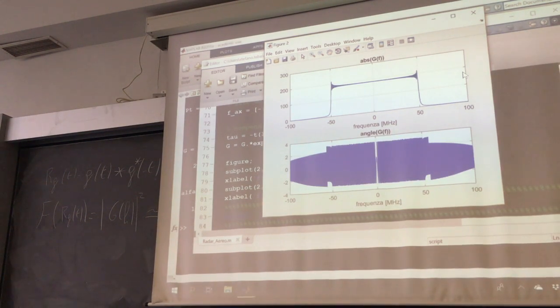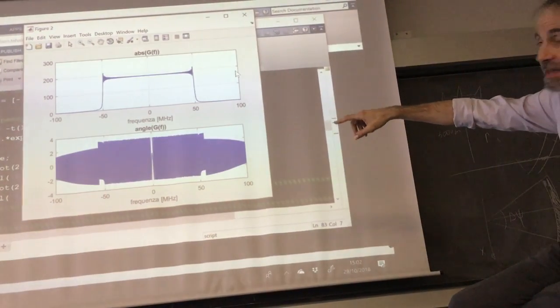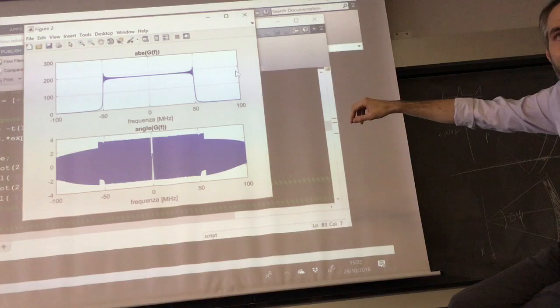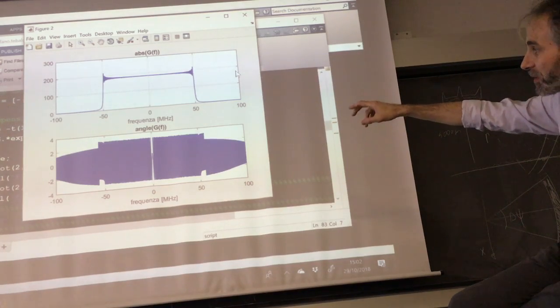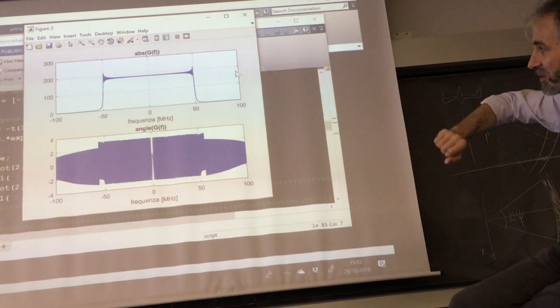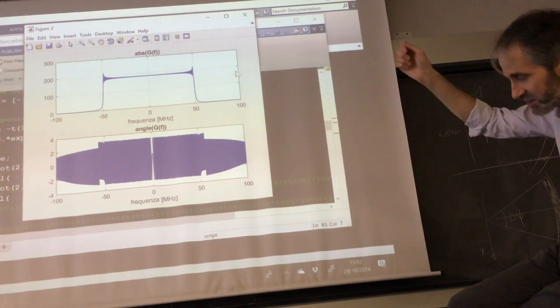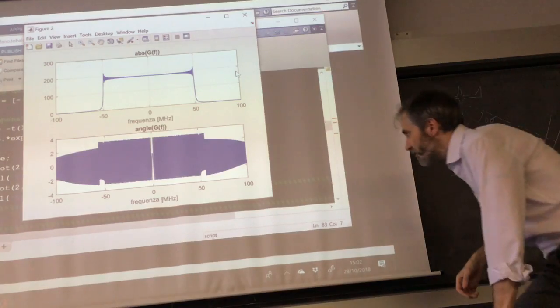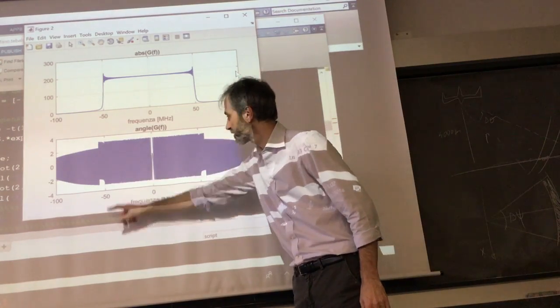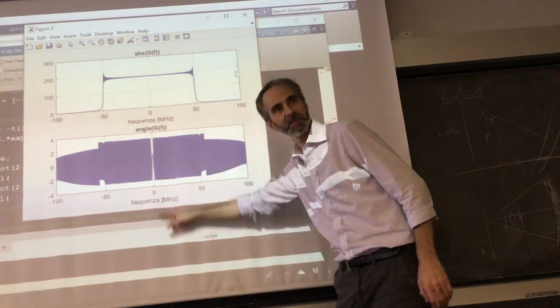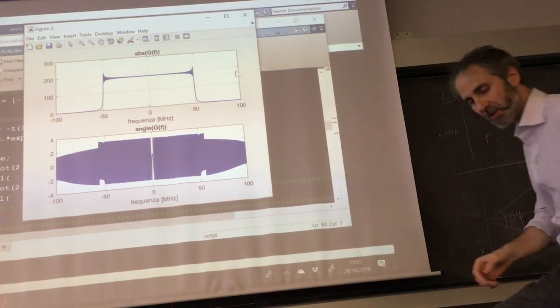So it's a 100 megahertz signal, and this is its phase. We say that the phase is parabolic, and so you see it going very fast from plus to minus pi, because it is just going fast. But if you unwrap this, then you will see a parabola.